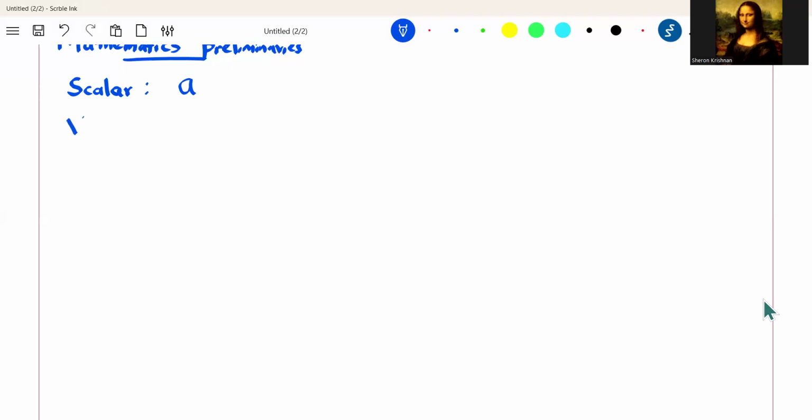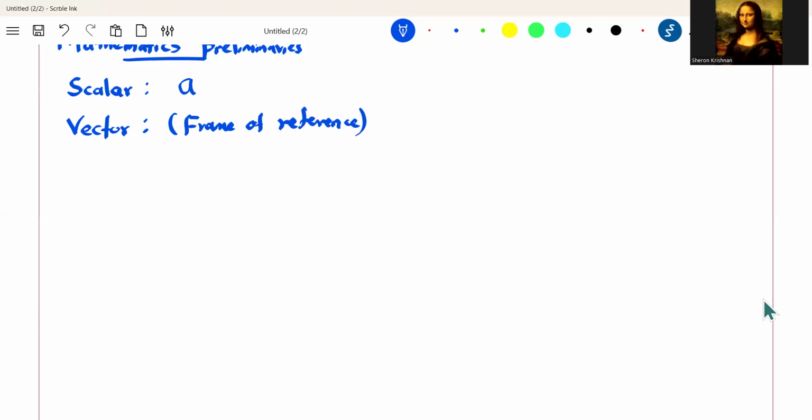So the next one is called the vector. What do we define as a vector? To define a vector, you need one frame of reference. So what is a frame of reference?